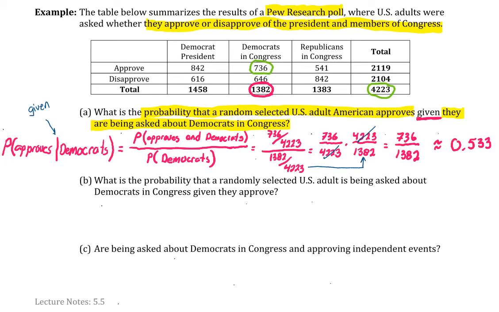Now, an alternate approach we could have used is to think of the condition being asked about Democrats as restricting ourselves to just this one column.